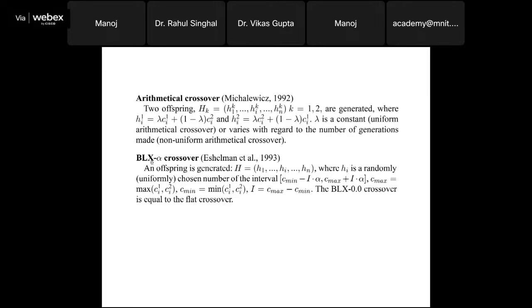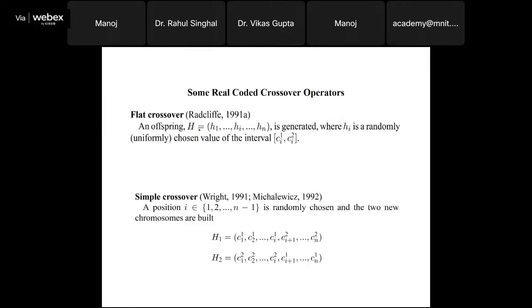So this alpha blend crossover was given to give exploration outside, beyond the smaller parent and the larger parent component value. That means it was trying to explore the value slightly below the smaller component and slightly above the larger component. And if you take this alpha equal to 0, then this method just becomes equal to this method, right?